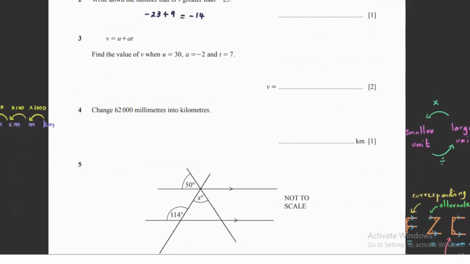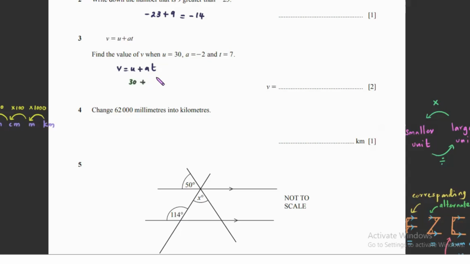In question number 3, you're supposed to find the value of v when u is given as 30, a is given as -2, and t is 7. The formula that is given to you is v is equal to u plus at. So you simply substitute the values. The value of u is 30.